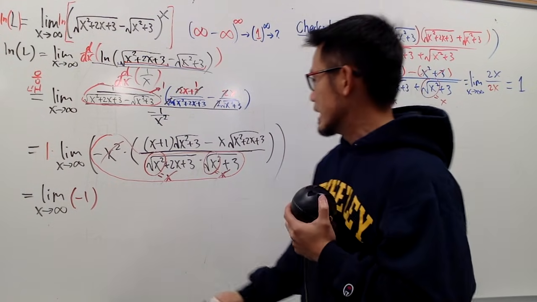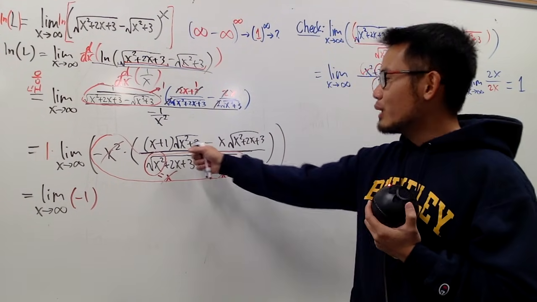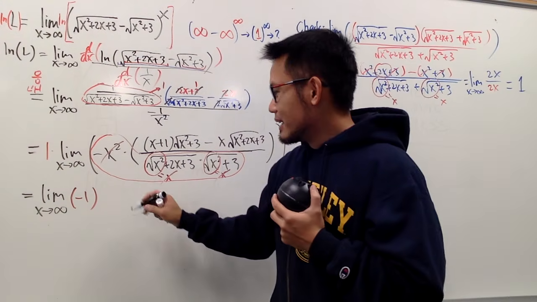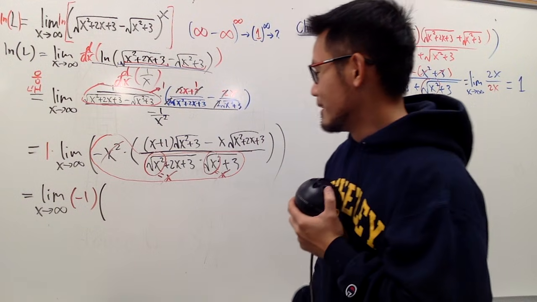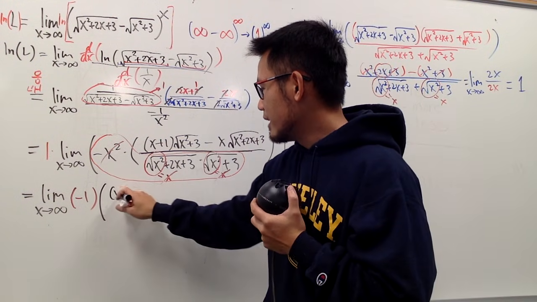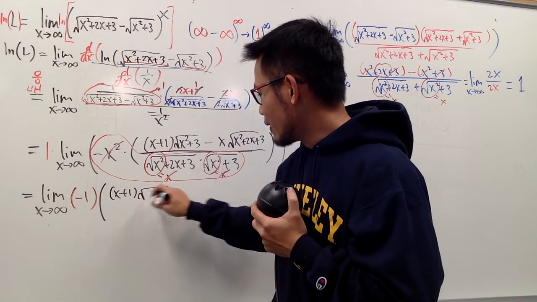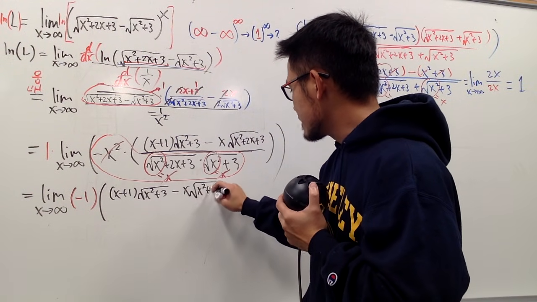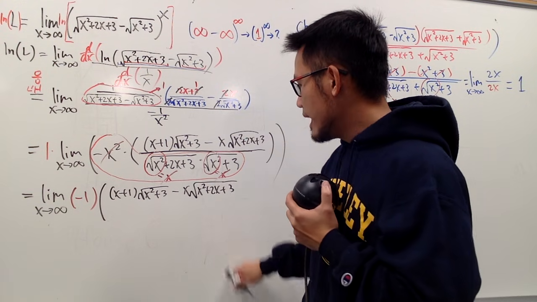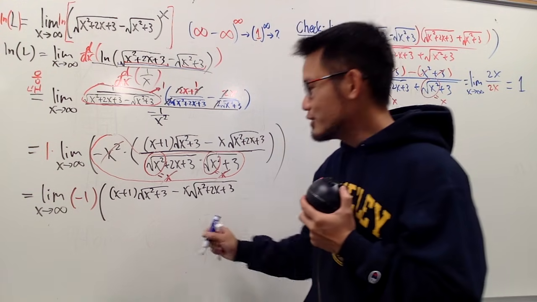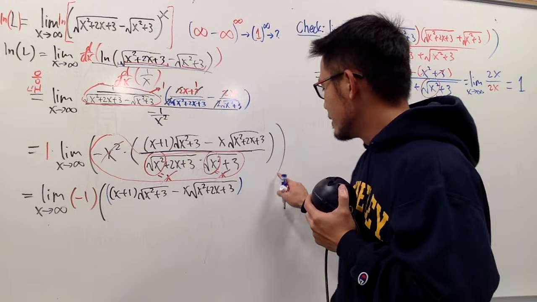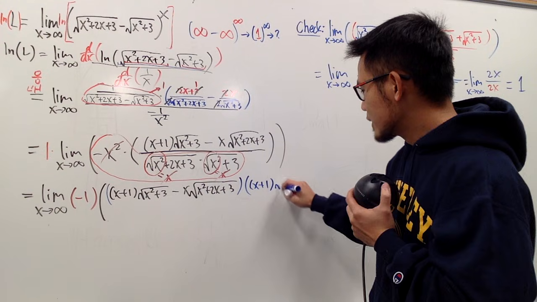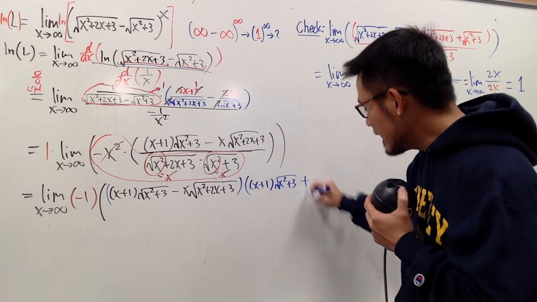So what do we do? Square root, square root. Let's try the conjugate method one more time, all right? I will open parentheses first. Let me write this down. So we have the x plus 1 square root of x squared plus 3 minus x square root of x squared plus 2x plus 3. And as I said, I will multiply the top and bottom by its conjugate. So let's do that in blue. I will multiply this x plus 1 square root of x squared plus 3 plus, right?